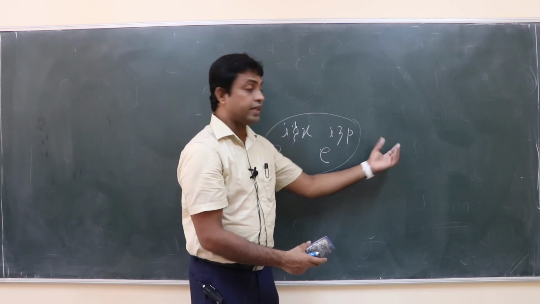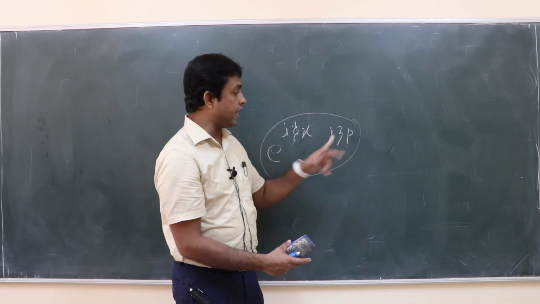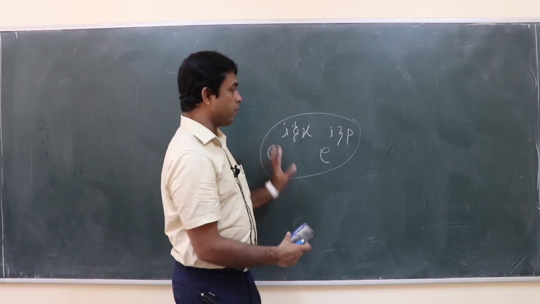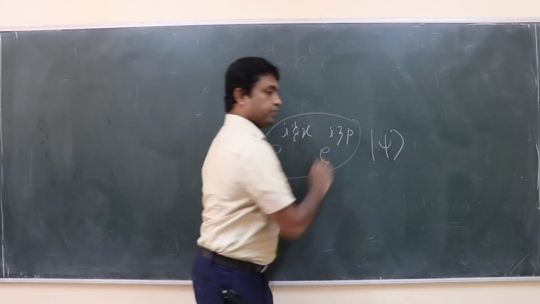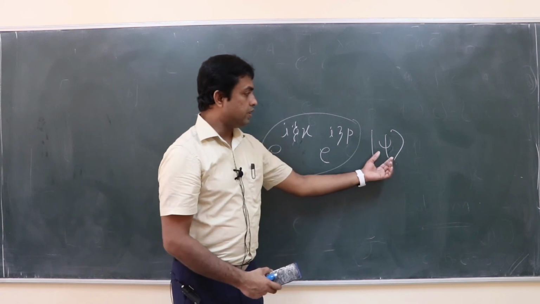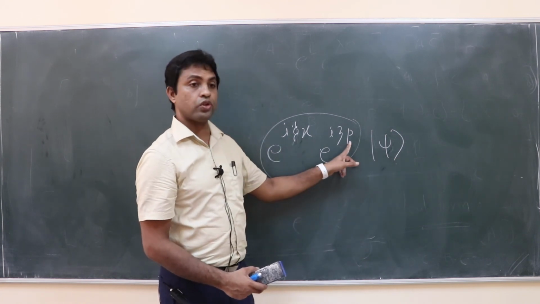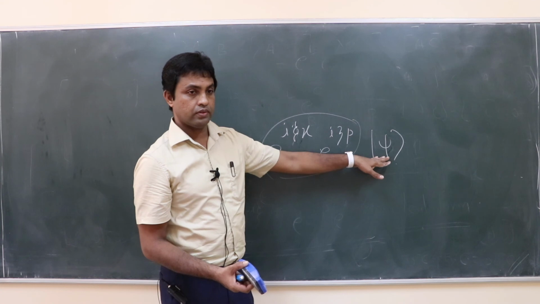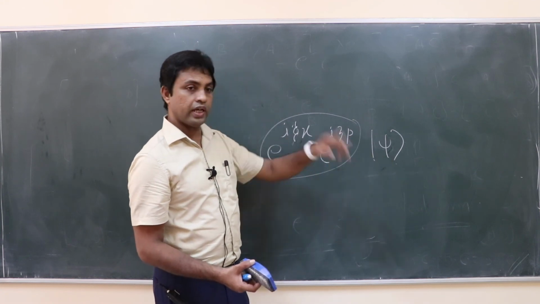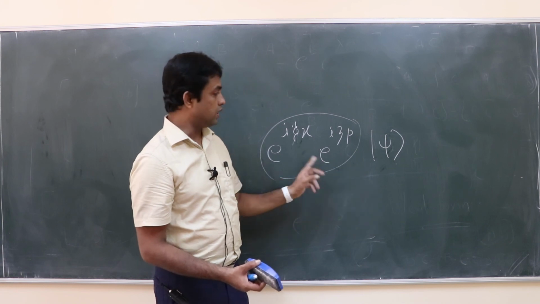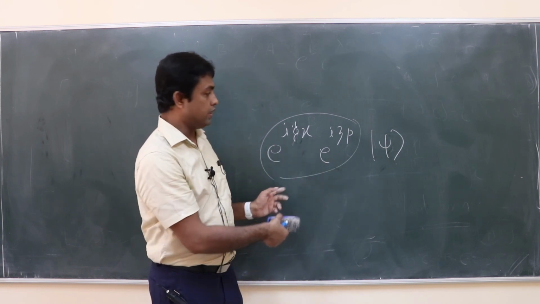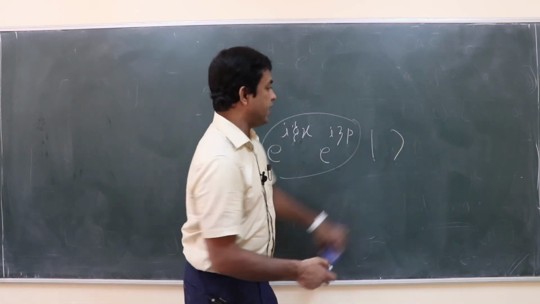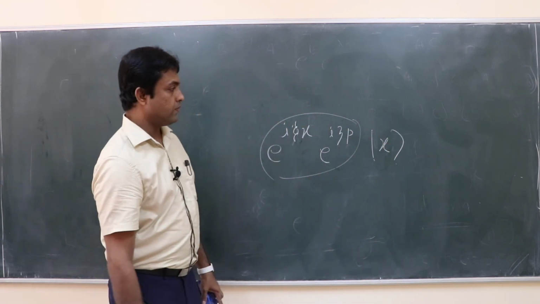Suppose that state is an eigenstate of the x operator, but it's not an eigenstate of the p operator. What will you do? Because with this form you cannot calculate this. So you can use the other alternative form, replacing this with whatever we derived, then e power i psi x acting on the state will give you the answer.